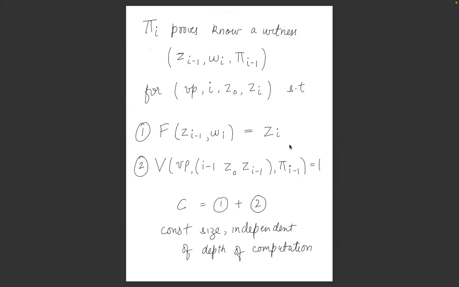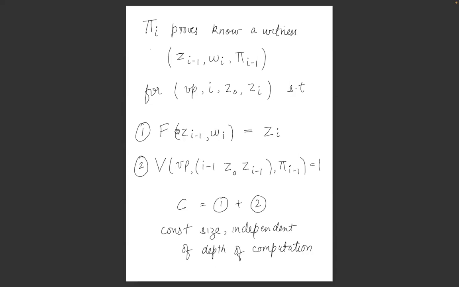So what the prover pi i is doing is proving that it knows a witness omega i at step i, and it also knows the inner proof, which was pi i minus 1, such that it can prove that the function was computed correctly at the ith step.